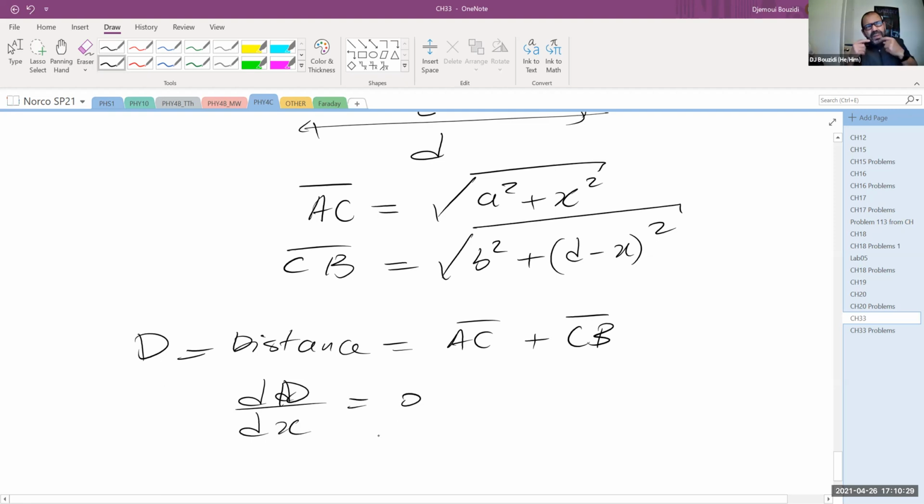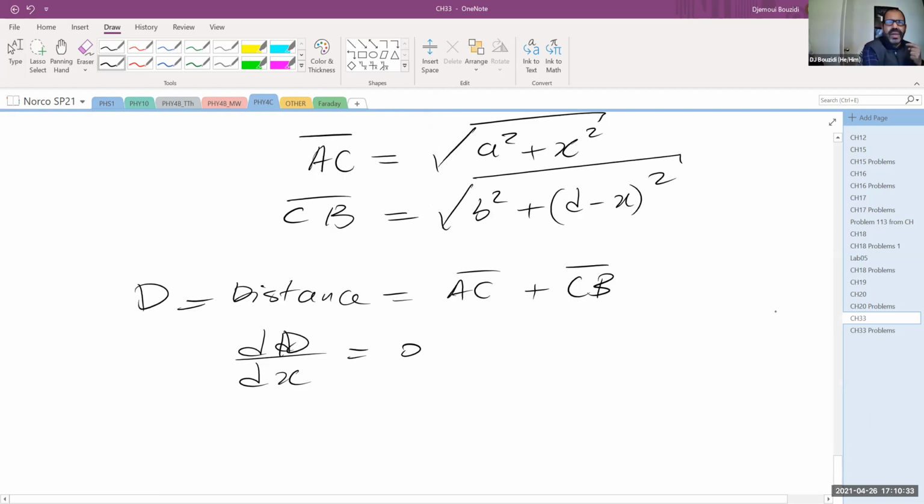And that's why the least time principle, so I'm using Fermat's principle, is really not a minimum, but actually an extremum, because the first derivative equal to 0 does not necessarily guarantee that you will have a minimum. You have to take the second derivative to see if it's a minimum or maximum. But we don't care about that. All we care about is actually an extremum. That's why, if you look at the verbiage of the principle itself, I use the word minimum or maximum, as long as the derivative is 0.